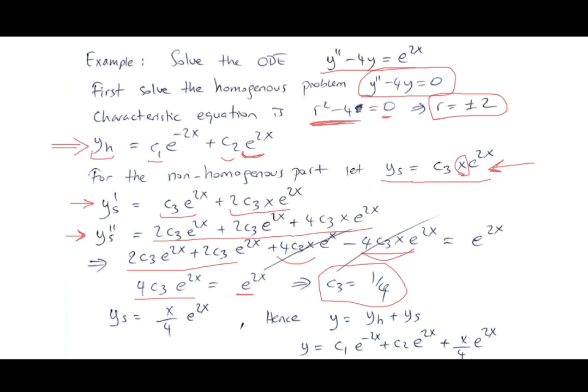And basically, if c3 equals to this constant, it will satisfy our ODE. And therefore, we get the non-homogeneous part of the solution. And by combining the two solutions together, we can write down the final answer for this problem as given here.